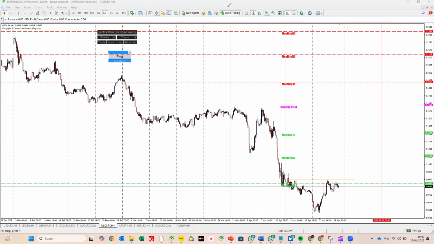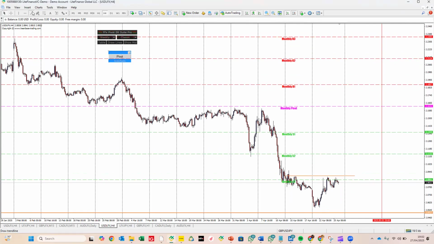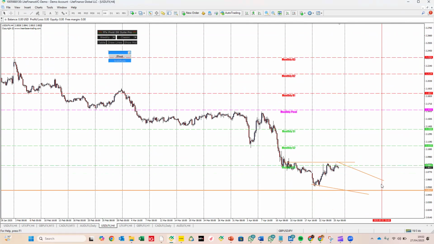The exact formation of what we have before is what we may most likely be experiencing, where price may be giving us a diagonal structure around this zone, something that will look like this, around that support line.